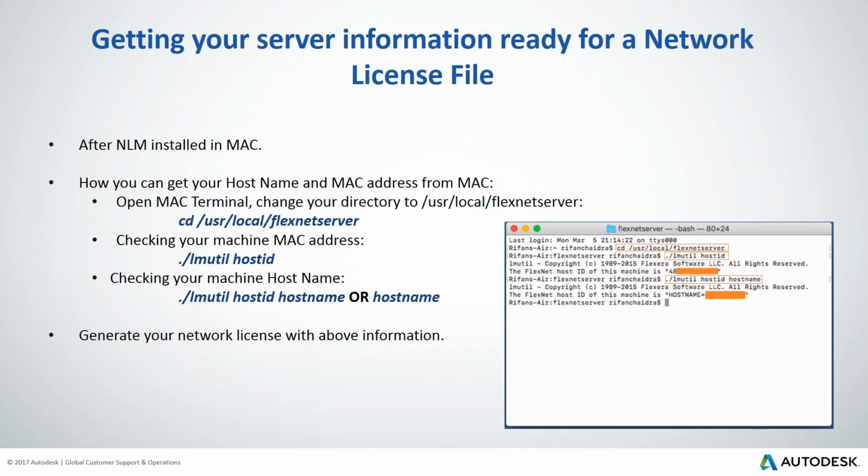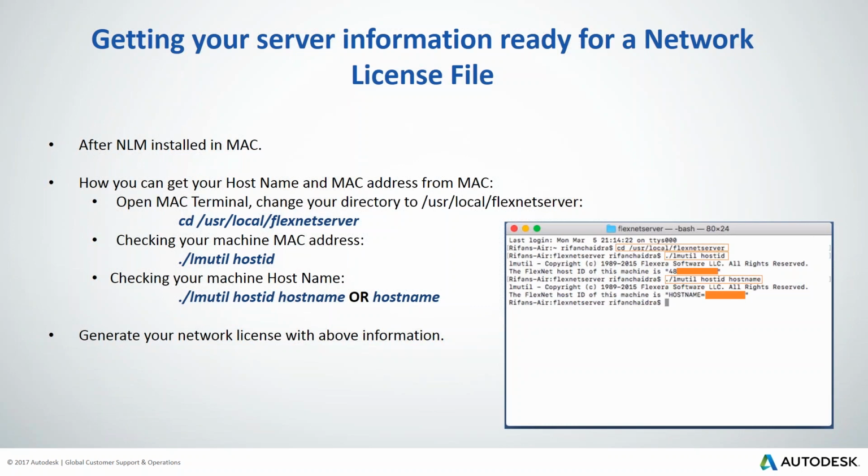You can open your Mac terminal and change your directory to this default directory after installing, and you can check your MAC address by running this command. Please do take note there are many ways you can actually get your host name and MAC address, but this is what we can provide for you based on our knowledge.